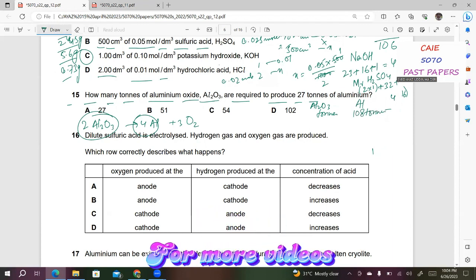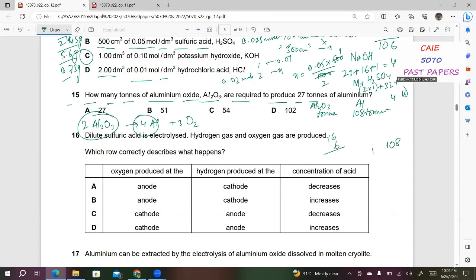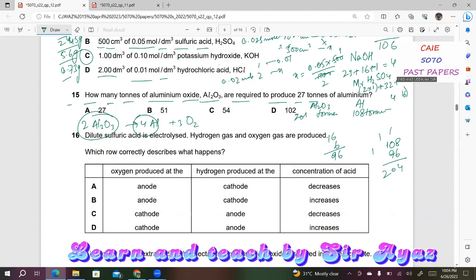What about Al2O3? We have 2 Al2O3, so we have 2 multiplied by 2 Al plus 3 O, 6 multiplied by 16, the AR of oxygen, and we'll get 96. Add 96 to this, we'll get 204. 204 tons from 108 tons.